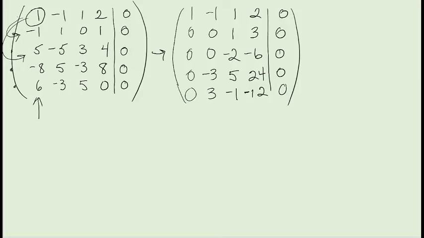Now, looking at this, you can see that the third row is simply negative 2 times the second row. So those two equations are essentially exactly the same, and I can just take one of them out. So I'm going to take that out, and this matrix has one less row.